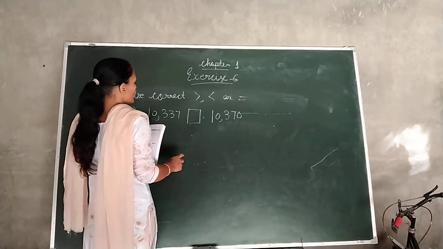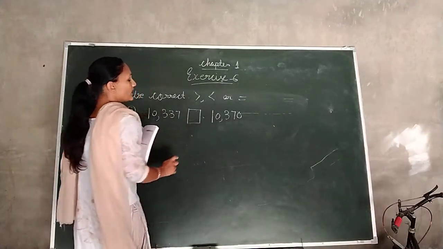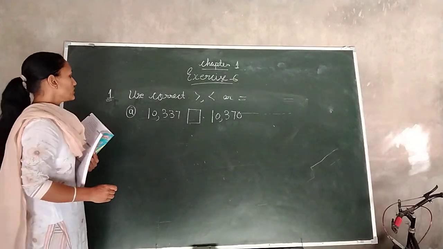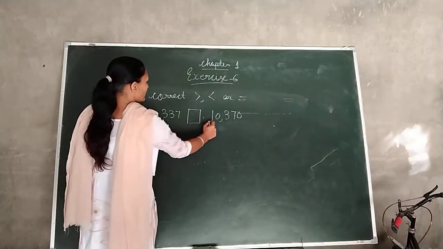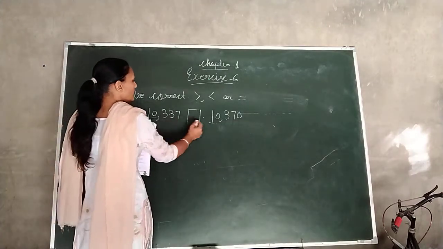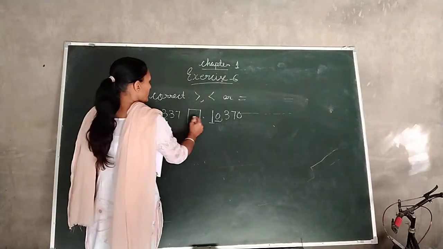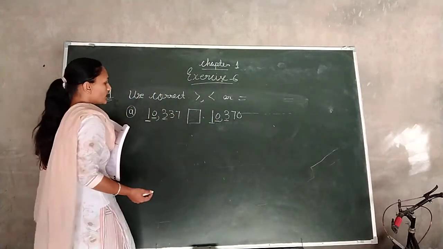First of all we will count the number of digits. Here we have 5 digits and here we have 5 digits. Next we will compare the digit in the 10,000 place. Both are the same. So we will compare the digit in the 1000 place. Both are the same. Next we will compare the digit in the 100 place. Both are the same.